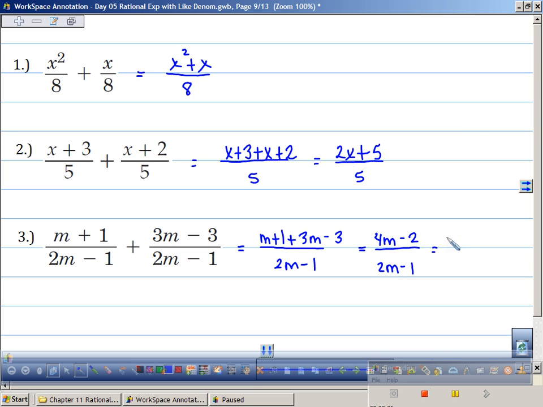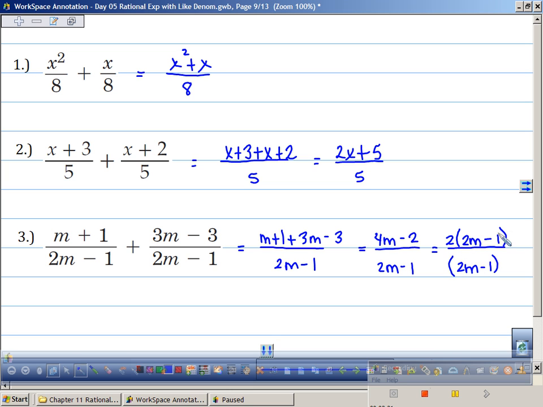I can factor out a 2 from the numerator. What would I have left? 2m minus 1. Oh, look what happens when I do that. Now I have quantities that match. See how this is different than this? I don't get why you say the quantity.